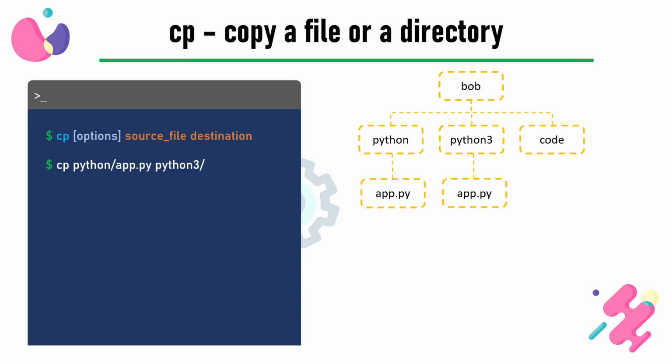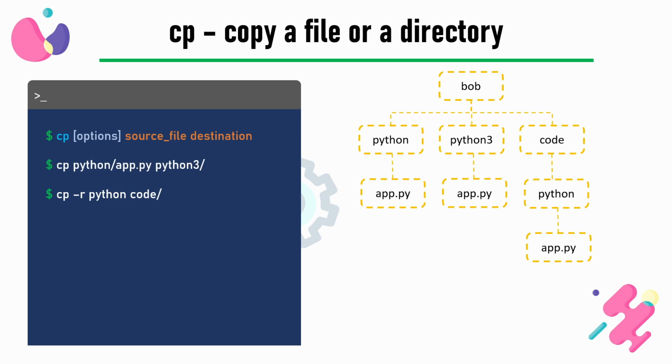If you want to copy a directory with all its content to a new location, here you have to know that the -r option is required. For example, to make a copy of the Python directory and its content in the code directory, here we have to provide the -r option to the cp command in addition to the source file and the destination.